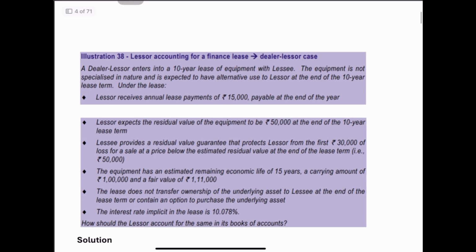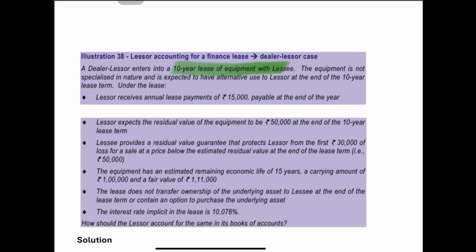In this example, a dealer lessor enters into a 10-year lease of equipment with the lessee. The equipment is not specialized in nature and is expected to have an alternate use to the lessor at the end of the 10th year lease term.